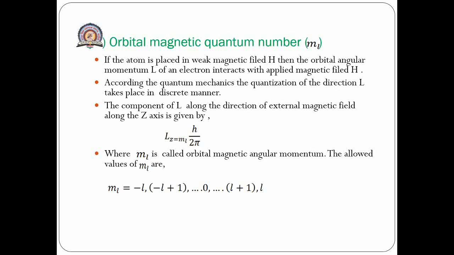The component of L along the direction of the external magnetic field, along the z axis, is given by Lz equal to ml into h upon 2 pi, where ml is called the orbital magnetic quantum number and has values ml equal to minus l to plus l.